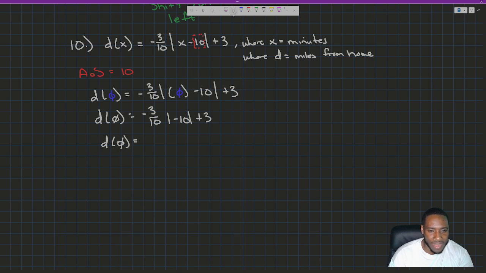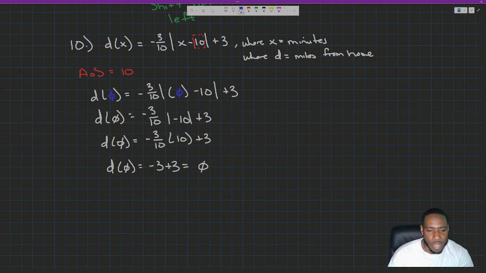So we're going to go ahead and rewrite that as negative 3 over 10 times 10 plus 3. Absolute value of negative 10 is 10, so that's why we're allowed to just take that number out of the absolute value bars. We're considering the definition of absolute value. And now we're going to finish simplifying by doing that multiplication. Negative 3 over 10 times 10 gets me negative 3, plus 3 gets me 0.